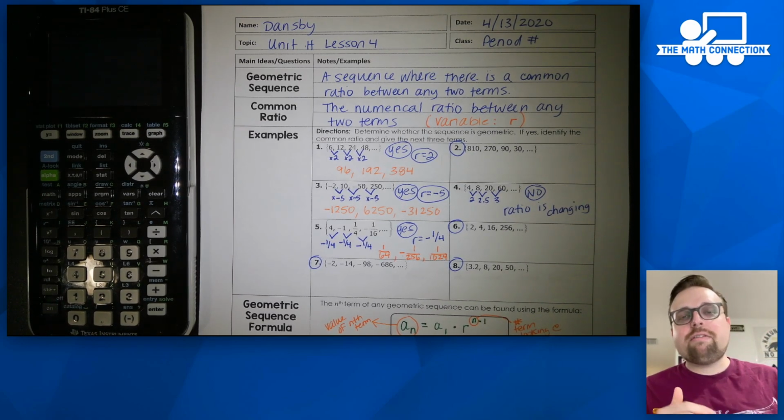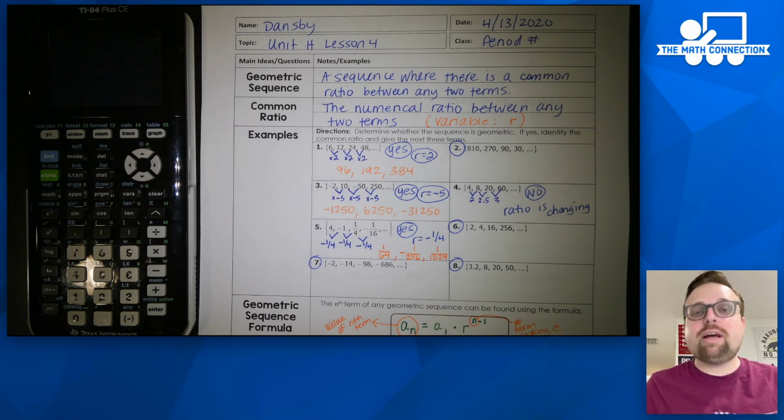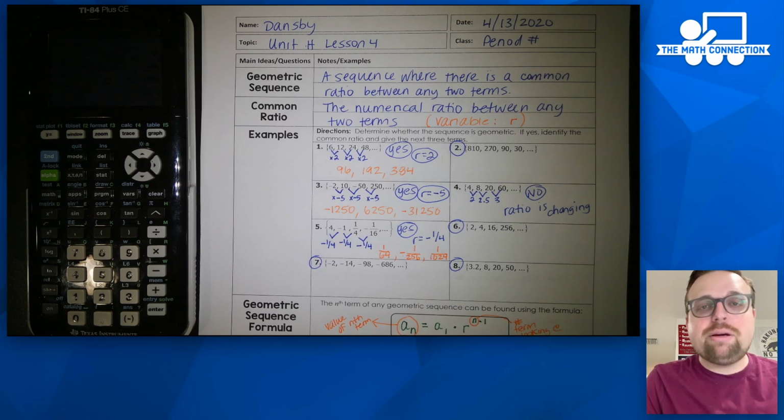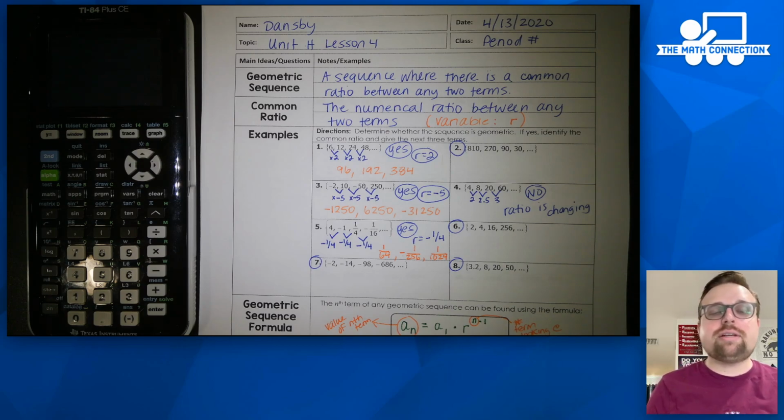So just to clarify, let's say that n is 7. That would mean that we're looking at the 7th term, that's position 7 in the sequence. But the value of a sub n is whatever the value is at the 7th position in the sequence. Okay, I just want to clear that up in case anyone was confused.